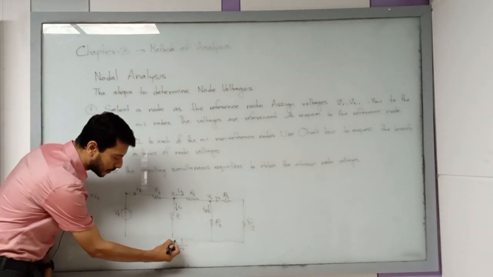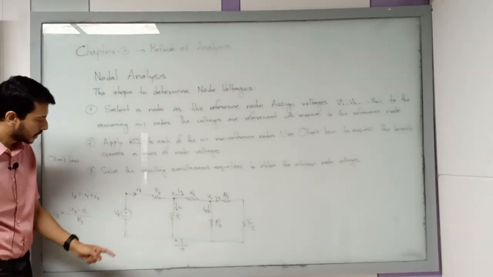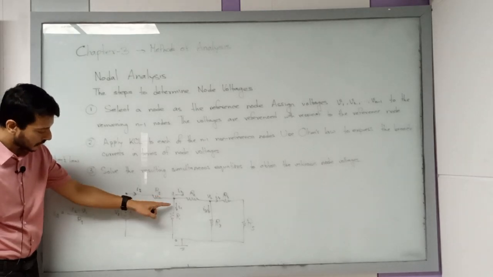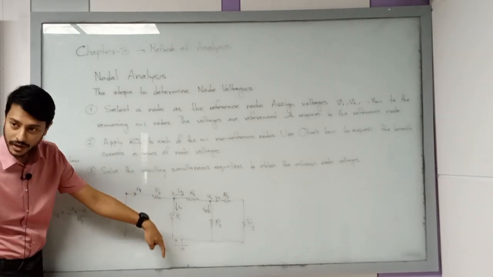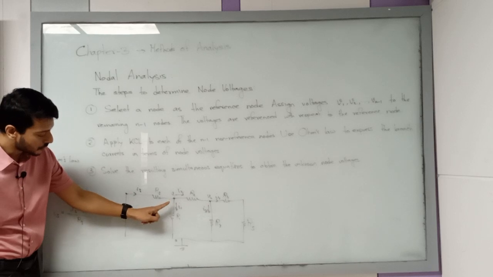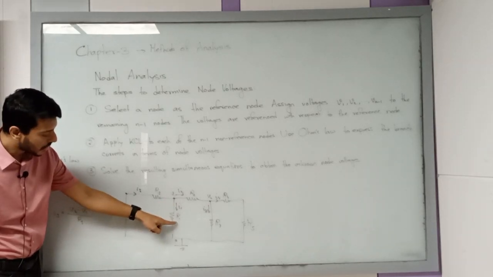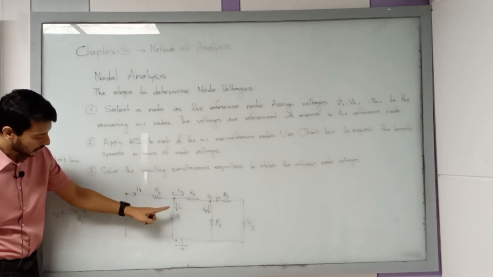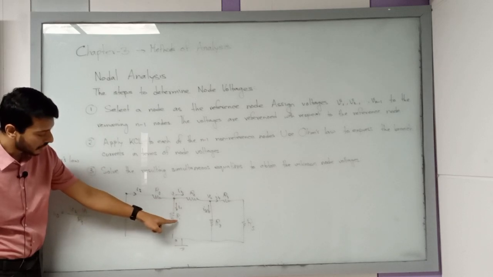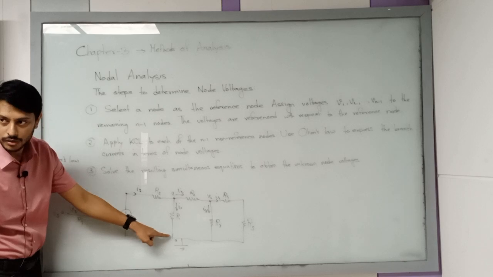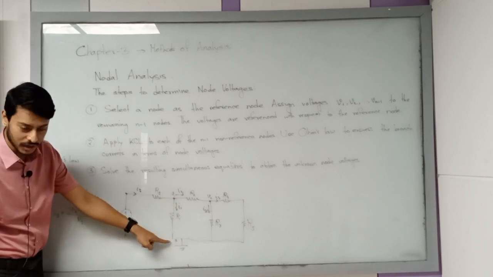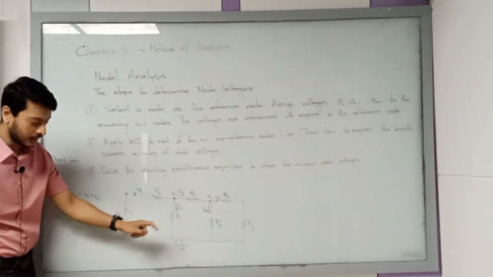this is basically zero potential, right? So V1, the direction of the current is in this way. So higher potential is this one, lower potential is this one. So the current passing through R1 should be V1 minus 0 divided by R1.